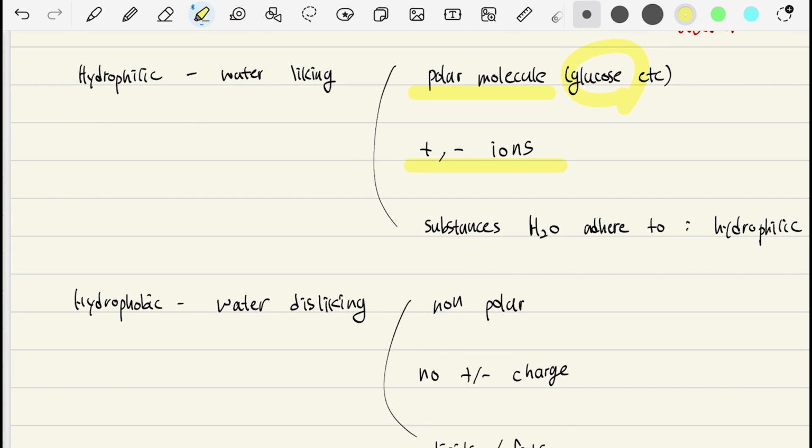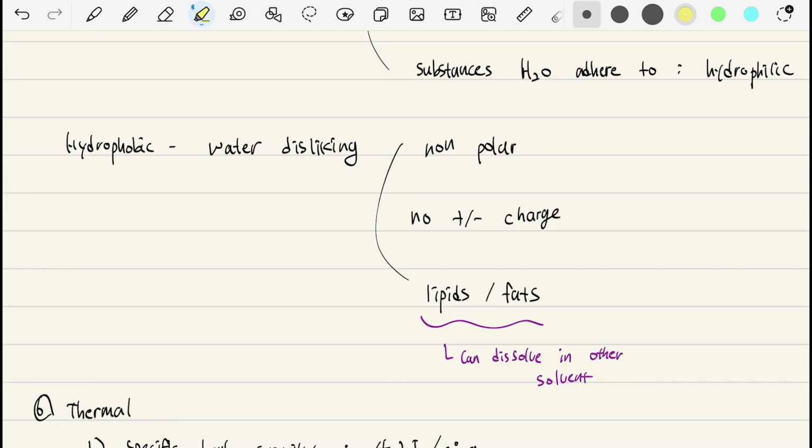And the second part will be hydrophobic, which means that they are afraid of water. These hydrophobic chemicals are usually non-polar, which means that they are not charged chemicals, which also means that it's really hard to react with water because they're not polar.